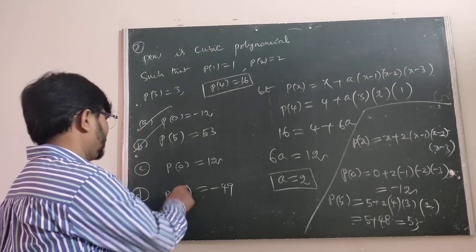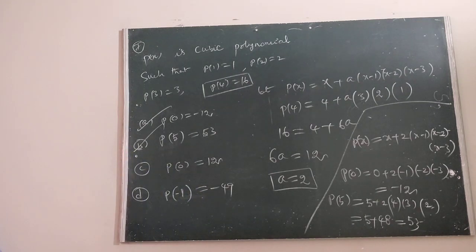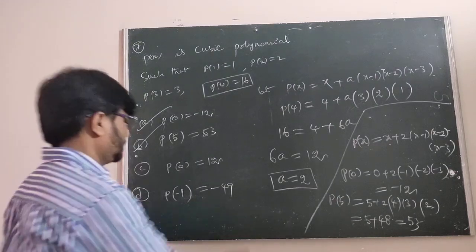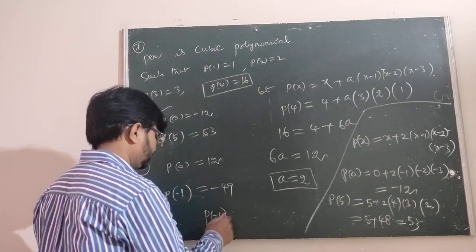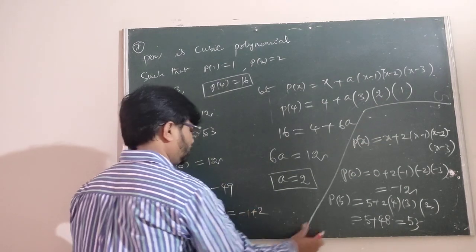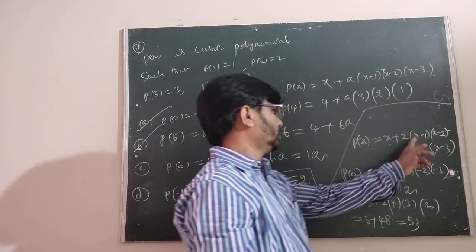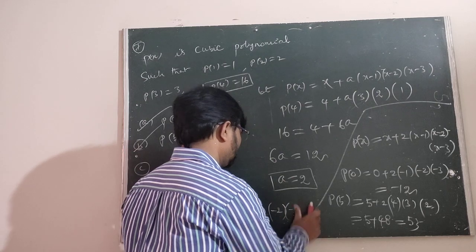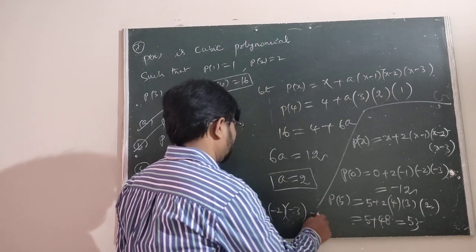Now we find the last one, P of minus 1. Putting x equal to minus 1, this is 2 into minus 1 minus 1 is minus 2, minus 1 minus 2 is minus 3, minus 1 minus 3 is minus 4.